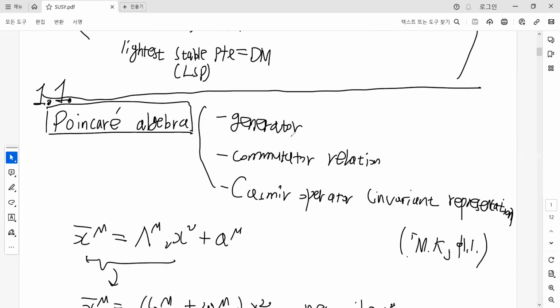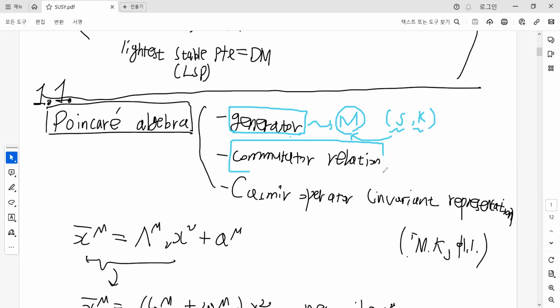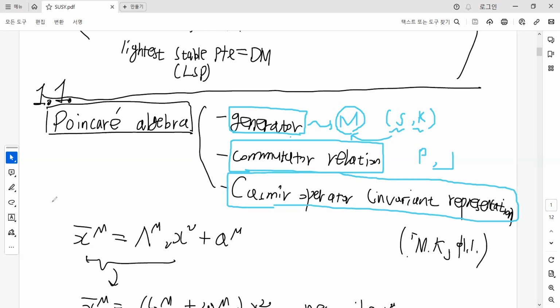First of all, the generators of the Poincare algebra, the derivation of the explicit form of the generators, especially the spin and the boost, and I will write the spin and the boost generators in terms of one quantity, so-called M. And also I will deduce the commutator relation between the momentum generator and the spin and the boost generators. And finally, I will talk about the Casimir operator, which is related to the invariant representations of the Poincare algebra.